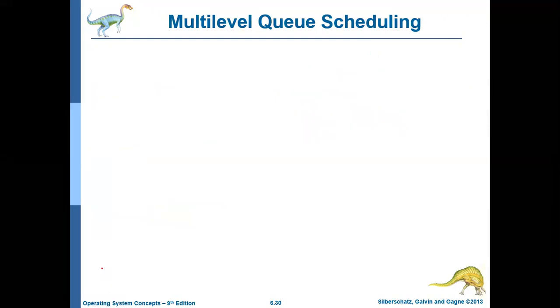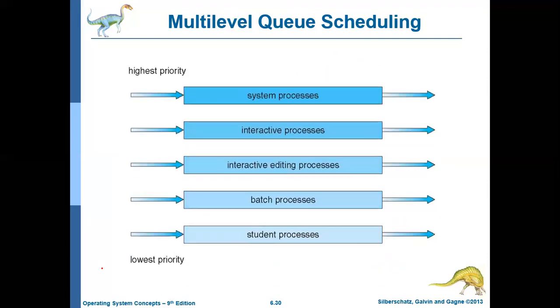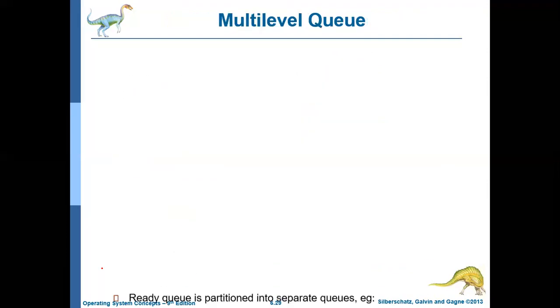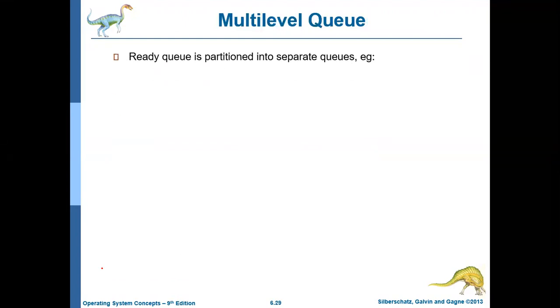Basically, in a multi-level queue scheduling algorithm, the ready queue will be partitioned into separate queues. Whenever a new process comes, it will be assigned to one of the queues depending on the memory required by the process, the process priority number, or the type of the process.